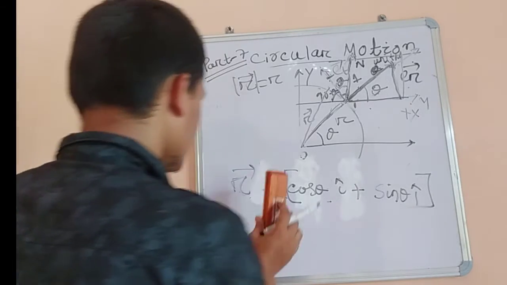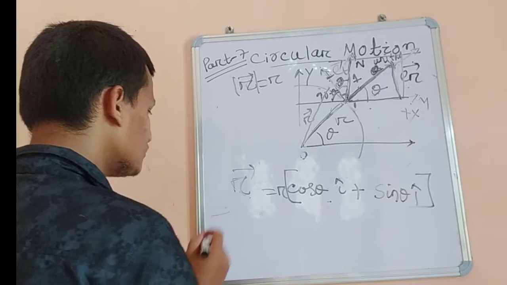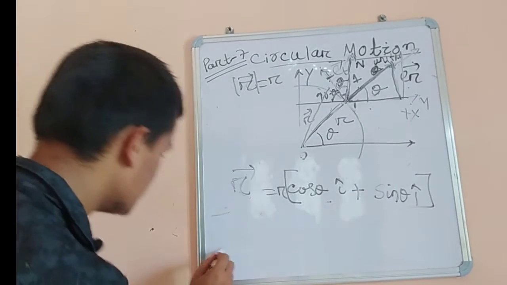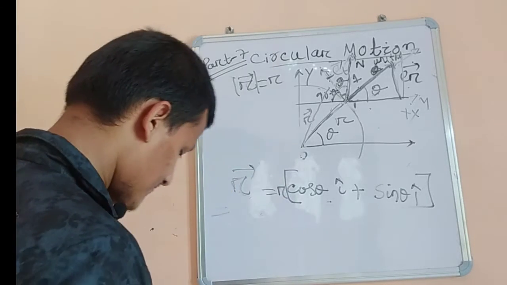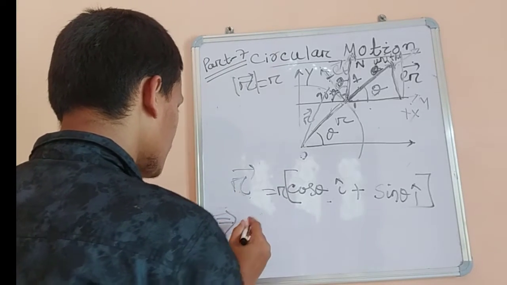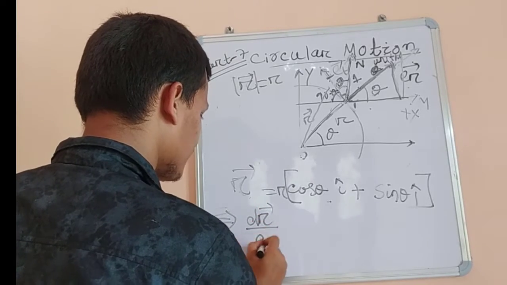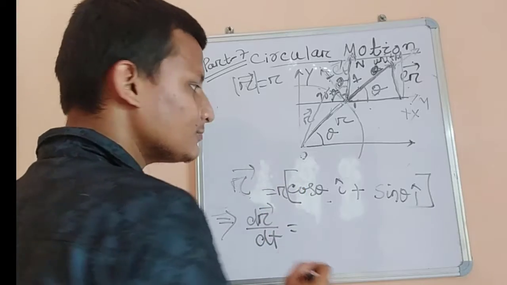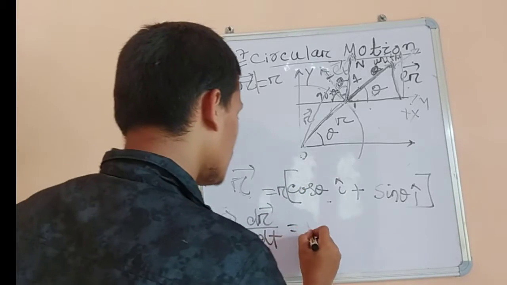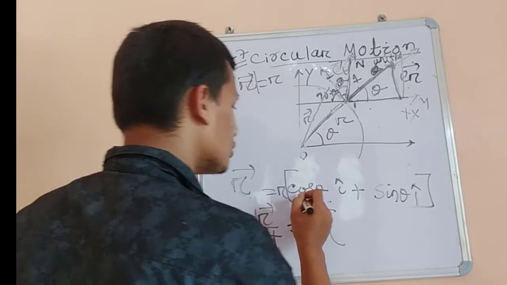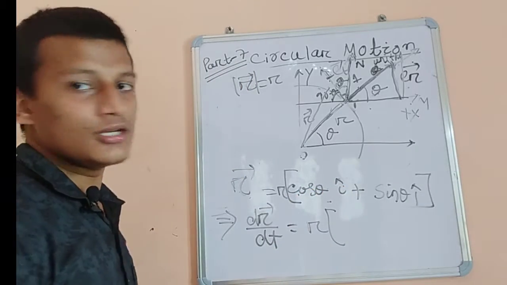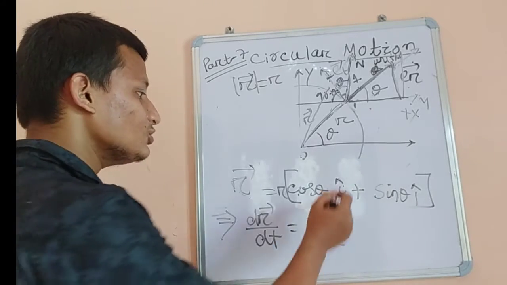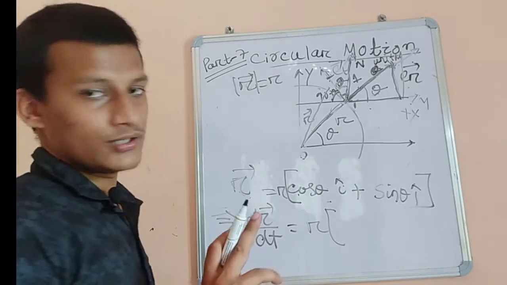So, differentiating with respect to time, dr vector by dt. r is constant, so it will be out of the derivative. So r into, i cap is constant and j cap is constant, because the unit vectors are along the positive x-axis and positive y-axis. This unit vector has a magnitude 1 always.